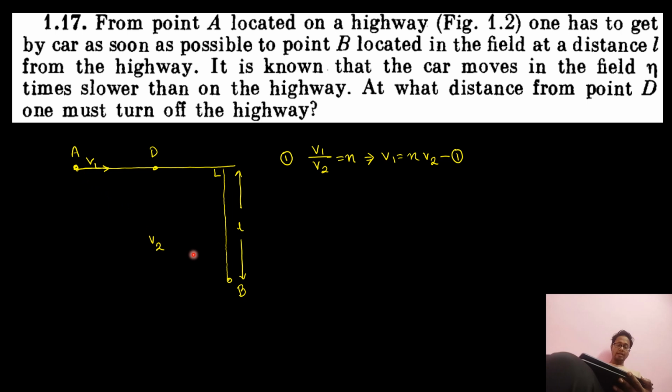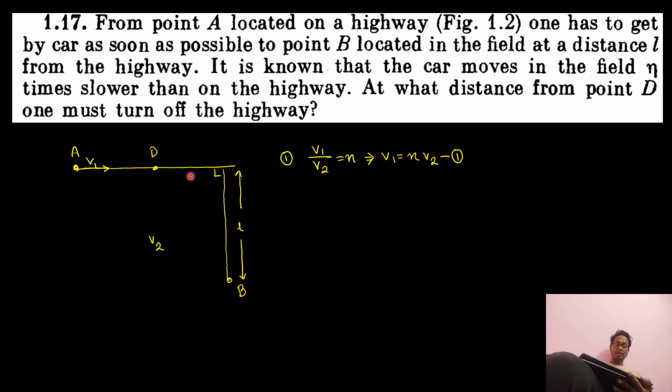If he turns right out here, he'll be covering a shorter distance with lesser velocity, so he might take greater time. On the other hand, if he goes out here with faster velocity and then turns, he's covering maximum distance with faster velocity, but he's taking a larger path, no?